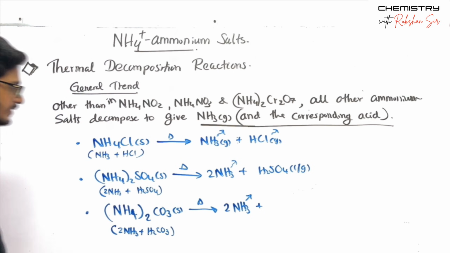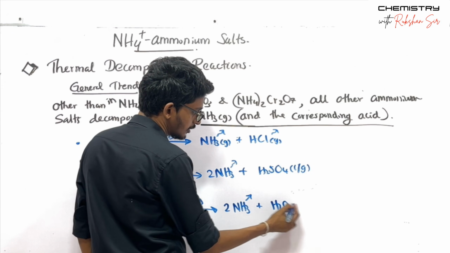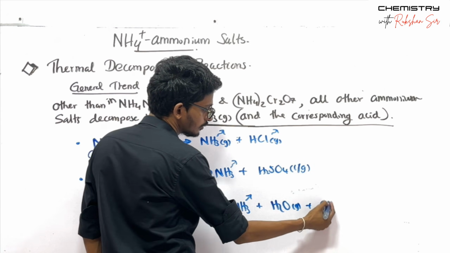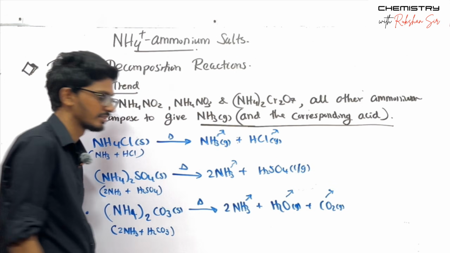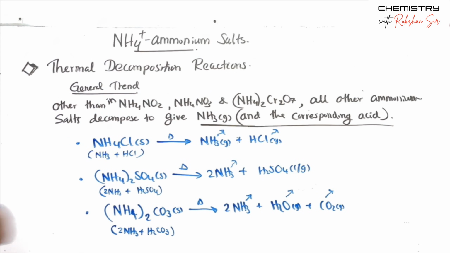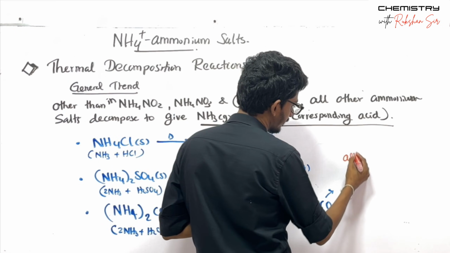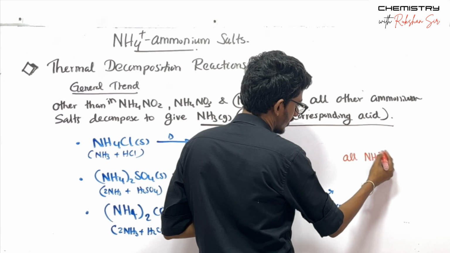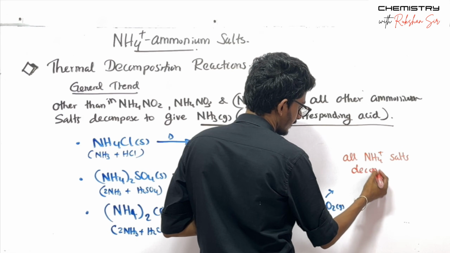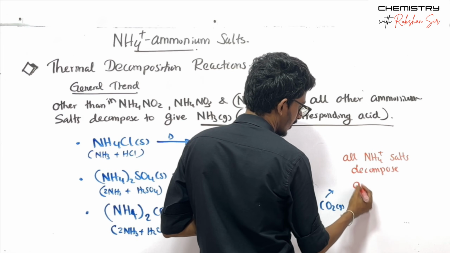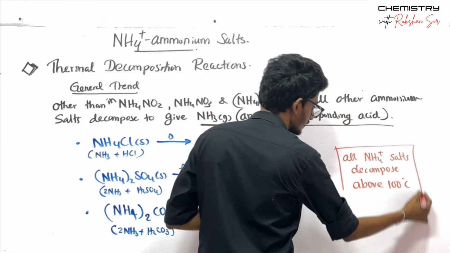The H2CO3 is normally not written as a product; it will be written as H2O and CO2. So both are gases. Remember that. All the ammonium salts, all NH4+ salts, decompose above 100. That is one thing.